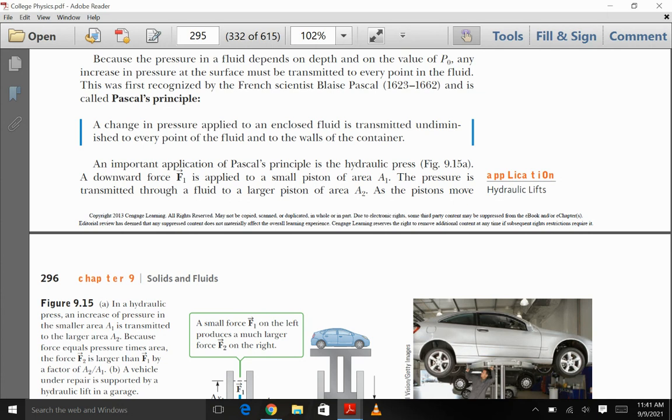So it has to be an enclosed system with a fluid, and so the pressure is going to be transmitted and diminished, meaning each and every point is going to get its equal share of that pressure, if we could use that word.